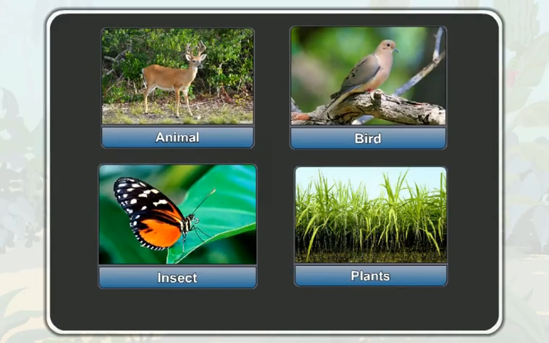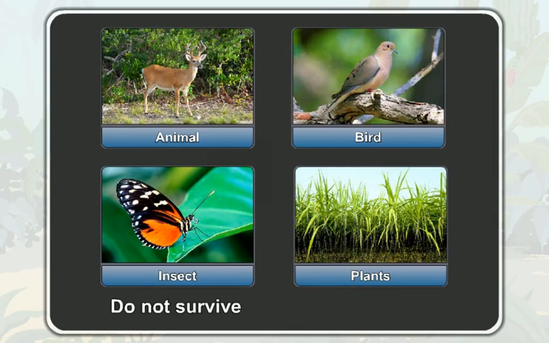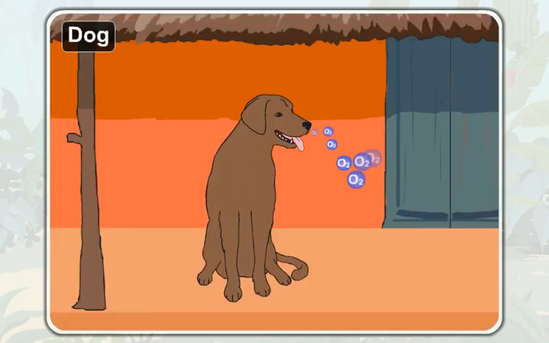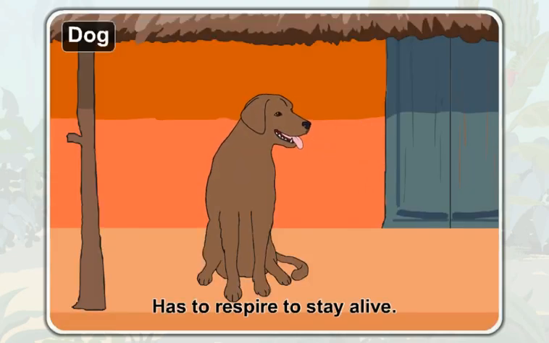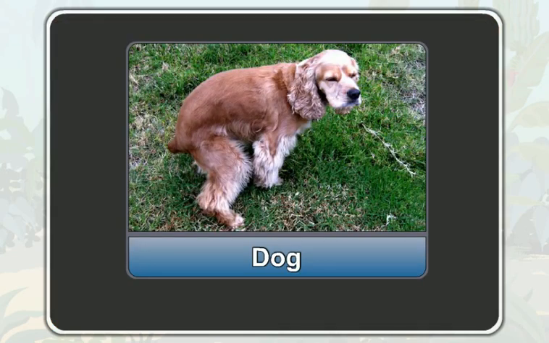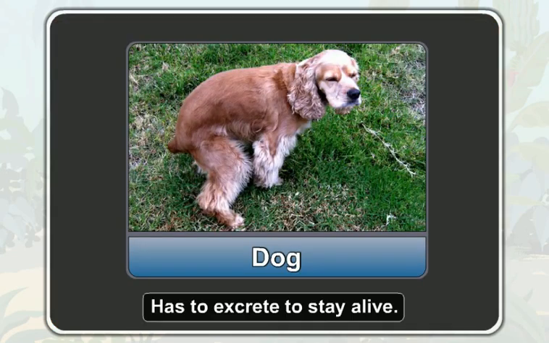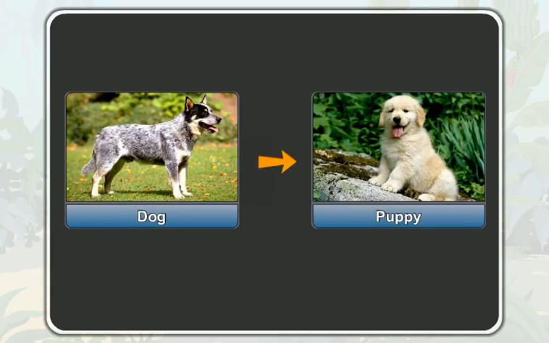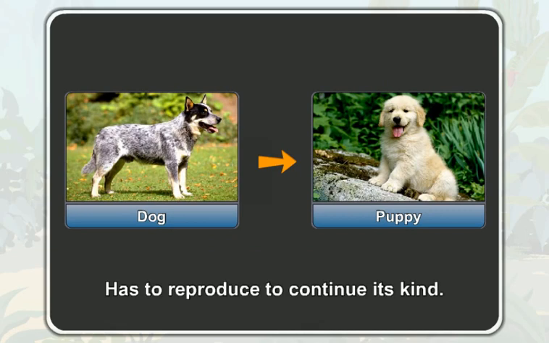Yes, living things do not survive if they do not respire. So, a dog has to respire to stay alive. Similarly, a dog has to excrete to stay alive. And to continue its own kind, the dog has to reproduce.